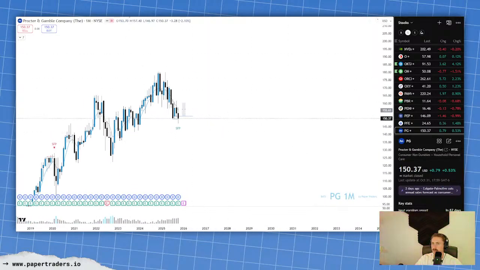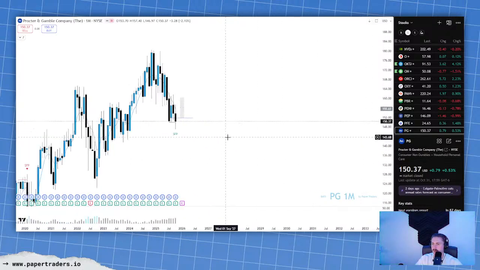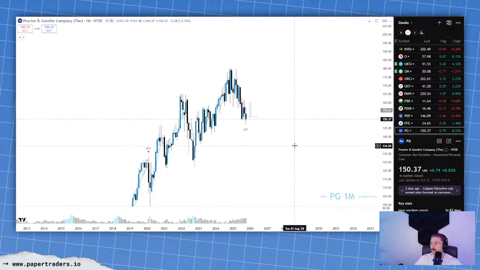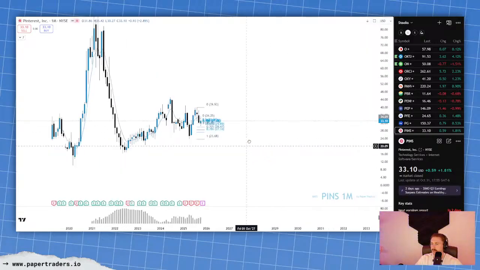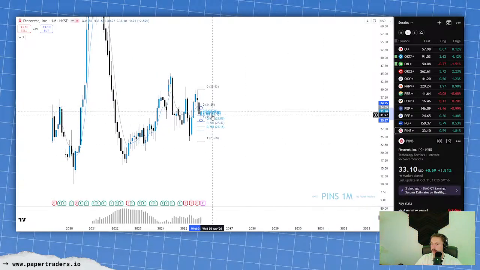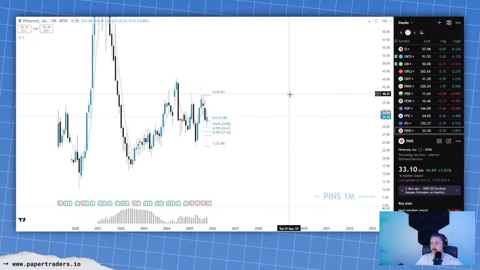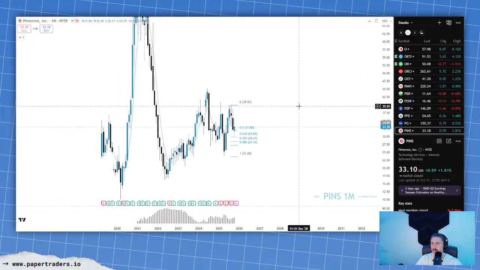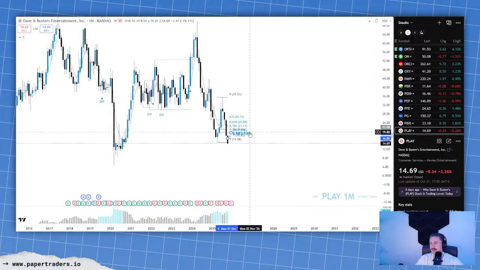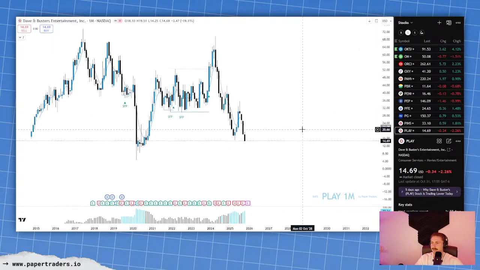SFB possible. Continue out of here. Pins looks okay. I like Pins. Yeah, I do too. PLAY destroyed. Got it. PLAY got fucked.